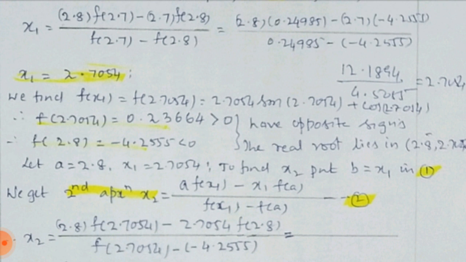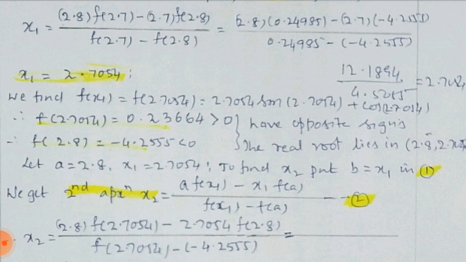It is positive. Earlier f of 2.8 is negative, that is equal to minus 2.555. It is less than 0, they have opposite signs. Therefore, the real root lies between 2.8 and 2.7054, in the interval 2.8 comma 2.7054.